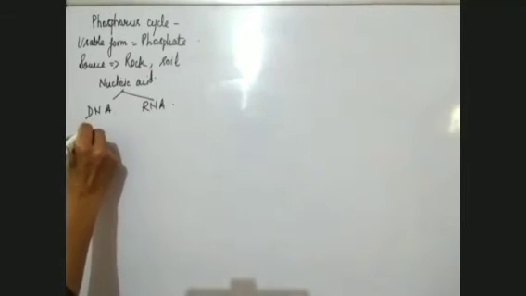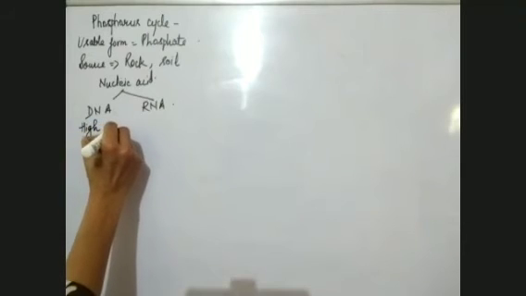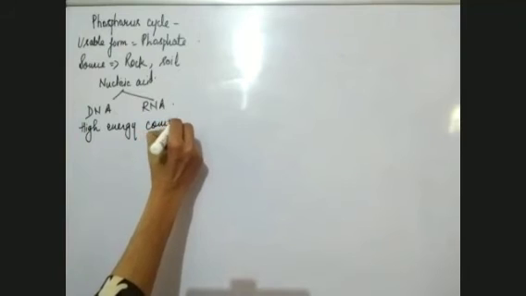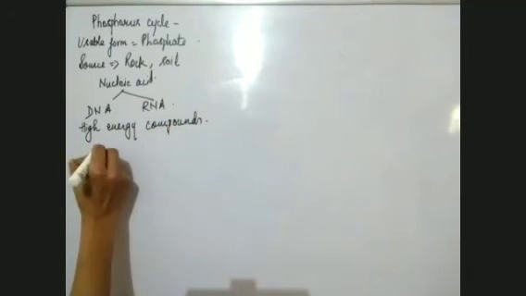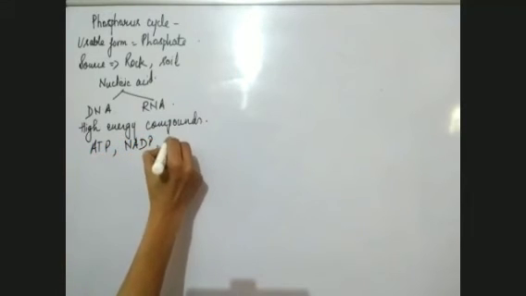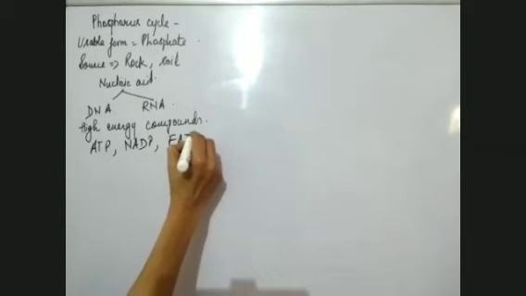Then besides this, the high energy compounds also have phosphorus in them, like ATP, NADP, FADH. They all have phosphorus in them.